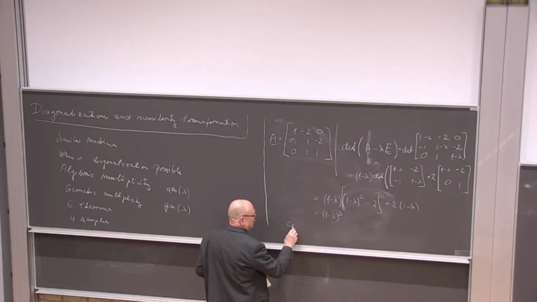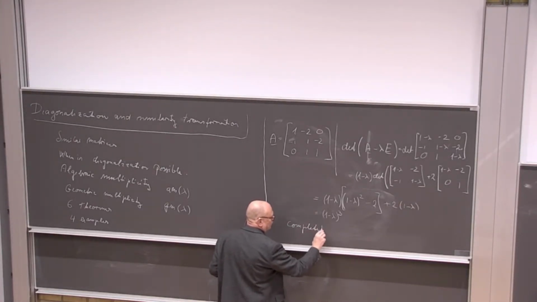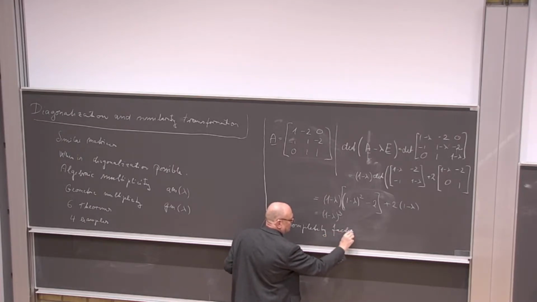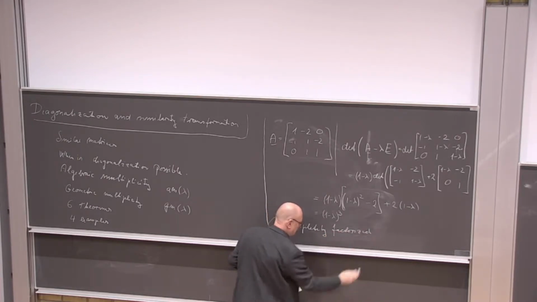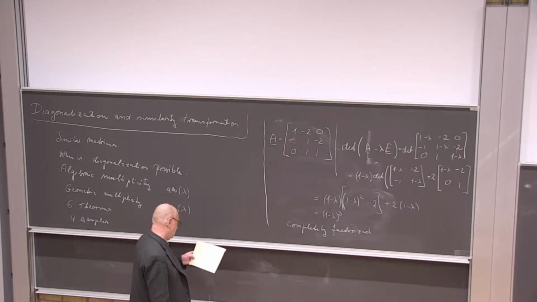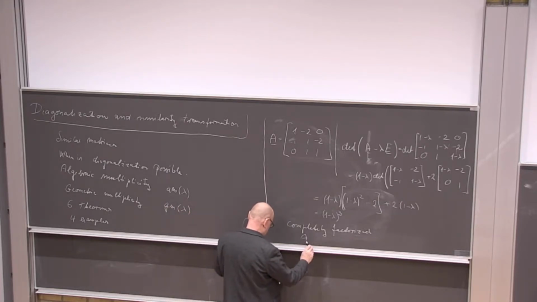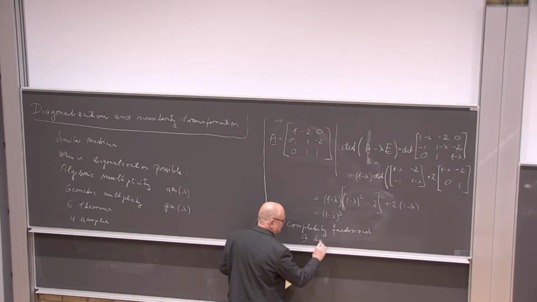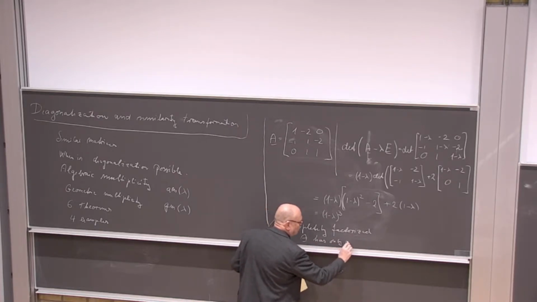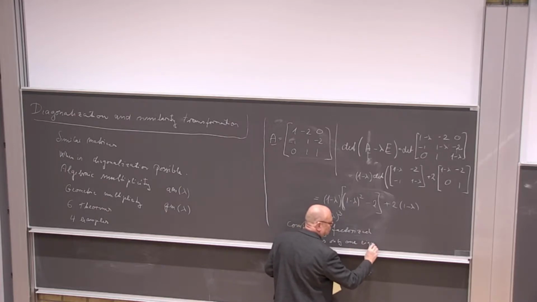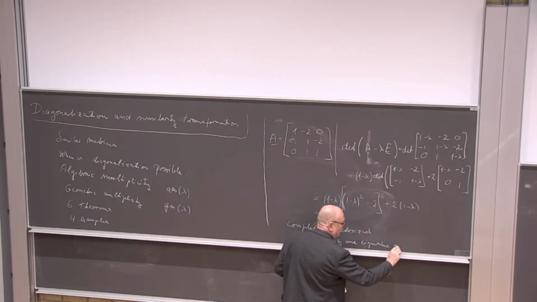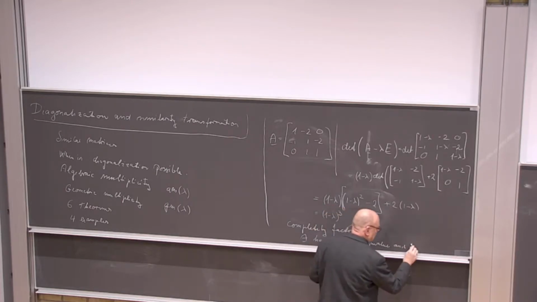So it's completely factorized. And you have that A has only one eigenvalue, and the eigenvalue is lambda equal to 1.